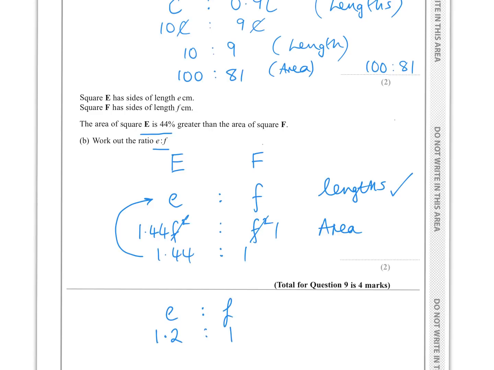Now I want that as a ratio e to f. I don't like decimals in terms of ratios, so I'm going to times both sides by 10. So that's 12 to 10. And then I'm going to halve, and that will give me my final answer of 6 to 5.